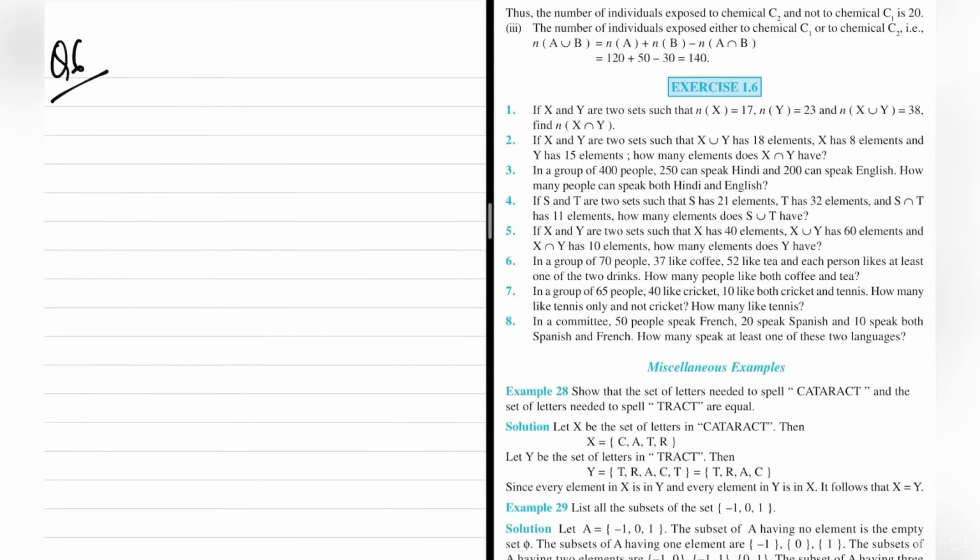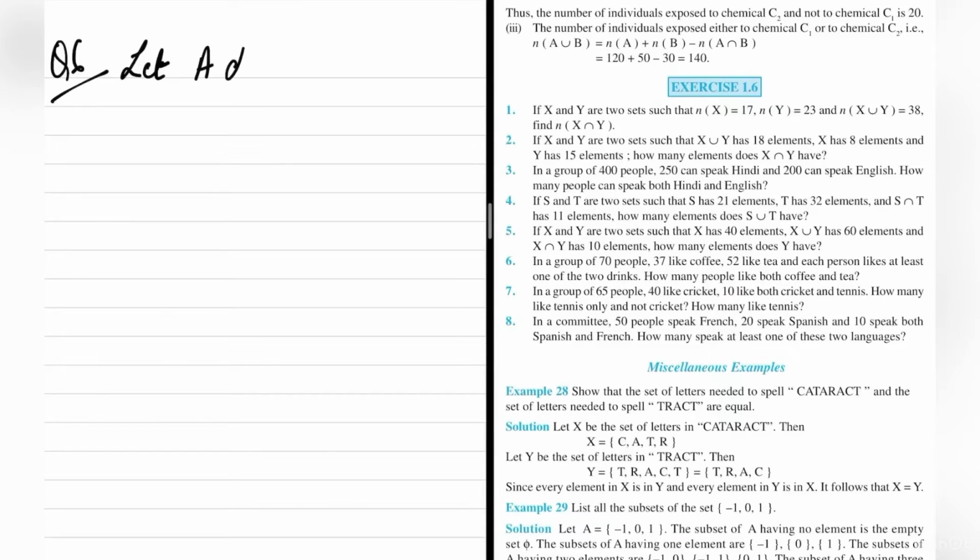Question number 6. In a group of 70 people, 37 like coffee, 52 like tea, and each person likes at least one of the two drinks. So note that each person likes at least one of the two drinks. How many people like both coffee and tea? So first let us define the sets.